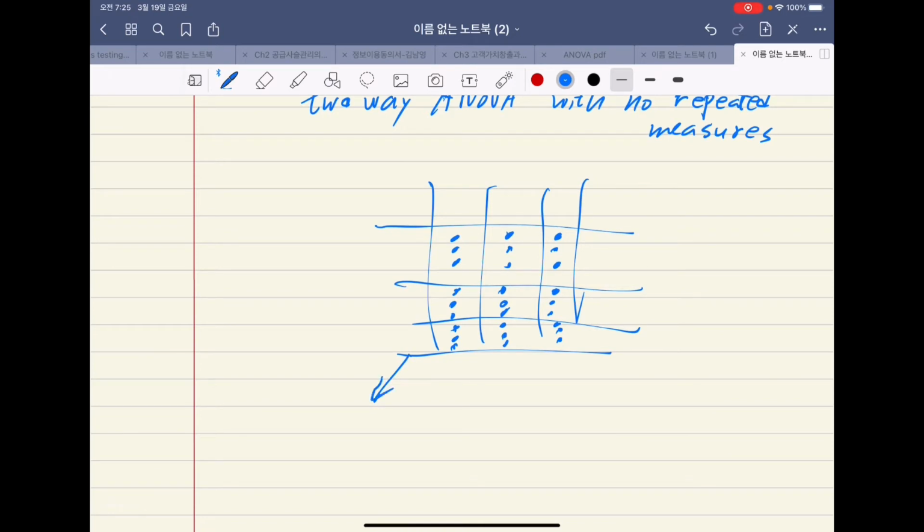Then in this case it's called the two-way ANOVA with repeated measures.